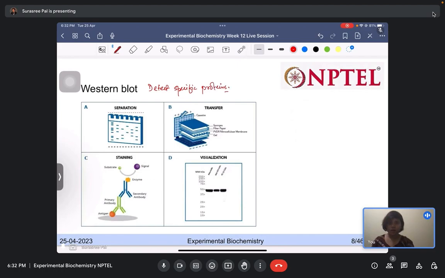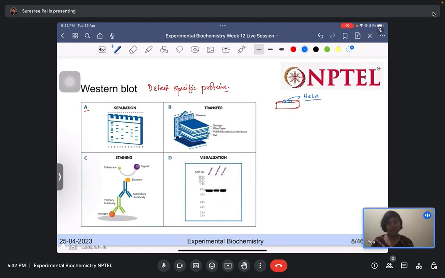And there are four major steps in Western blot. The first one is separation. Suppose we have a particular cell type, HeLa cells, right?